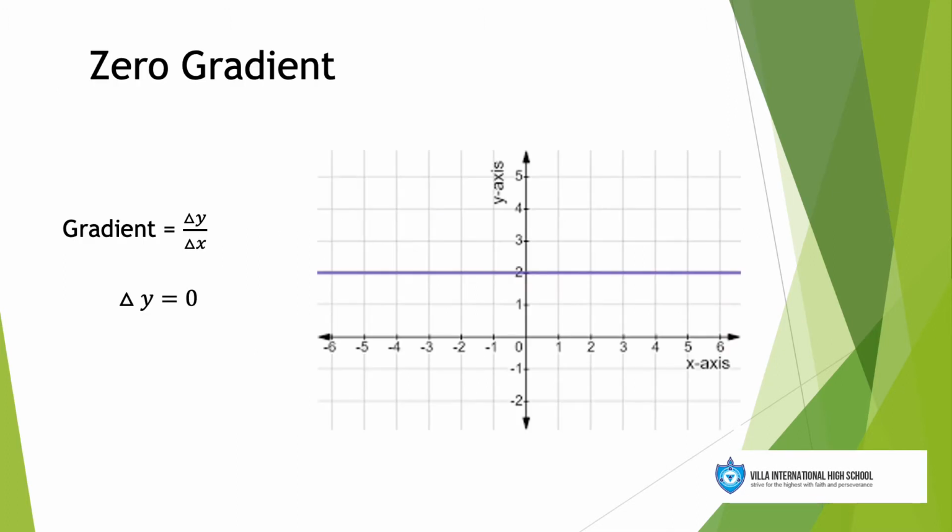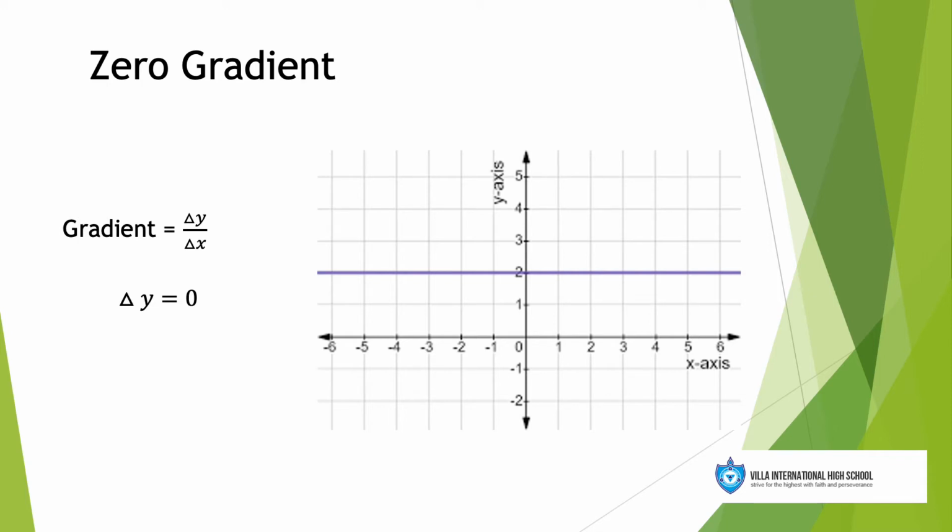Now we can study different gradient graphs. The first one is the zero gradient graph. You can see the horizontal blue line represents the graph. Horizontal line is always zero gradient. Why? Because the gradient equation is delta y over delta x, vertical change divided by horizontal change.